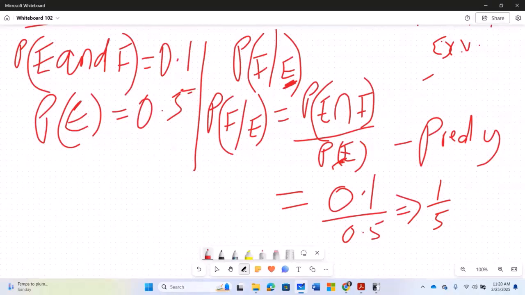In fraction. If I'm told to write my answer in decimal, then it is 0.2. If I'm told to write my answer in percent, it becomes 20%. So probability answer can be in decimal, percent, or fraction.